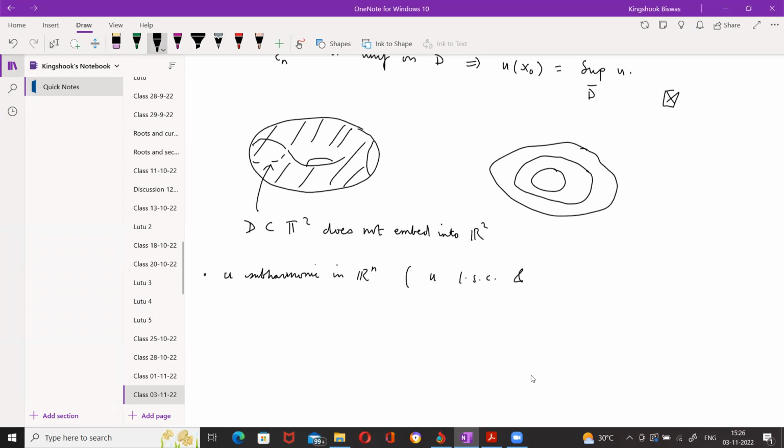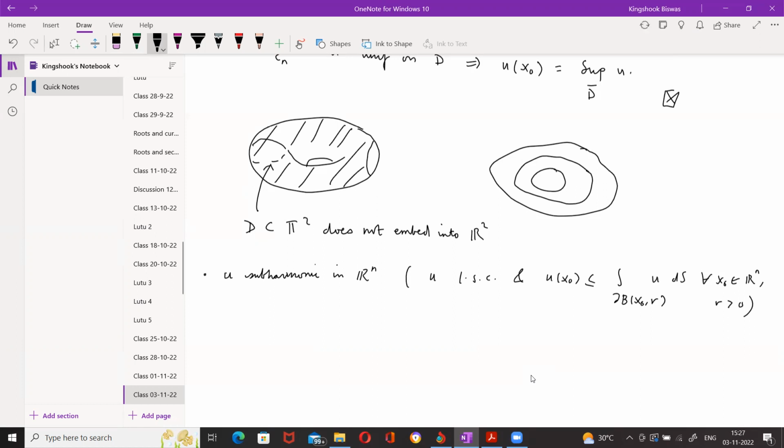So u(x0) is less than or equal to the integral over the boundary of the ball of radius r of u ds, for all x0 in Rn and r positive. You can assume it's continuous, but the general definition is with lower semi-continuous functions which satisfy the sub-mean value property.